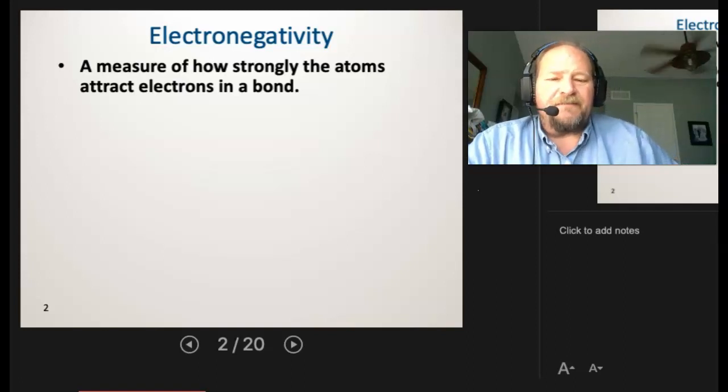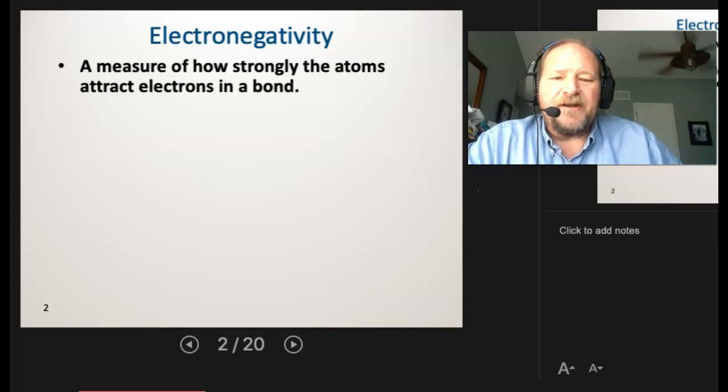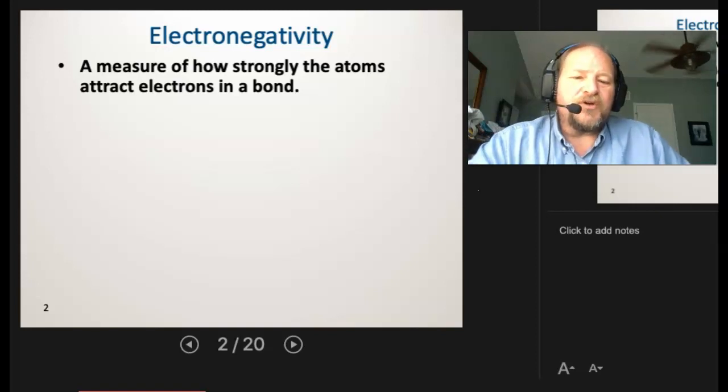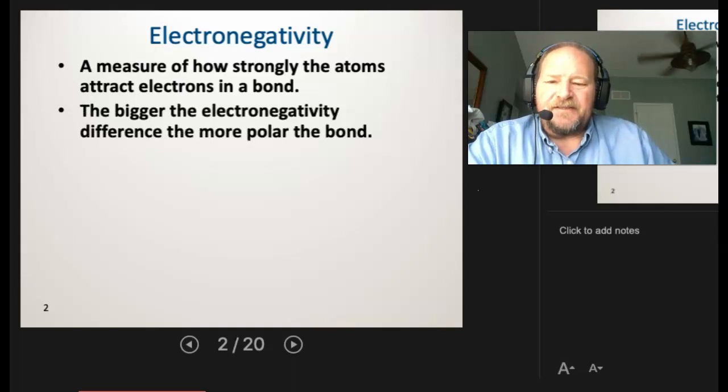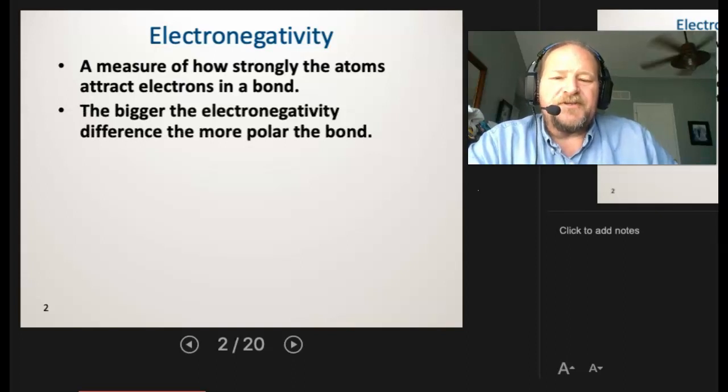So if fluorine gets into a bond with another non-metal, the electrons will be shifted more towards the fluorine. Now, the bigger that difference is, the more we generate what we call a polar bond.